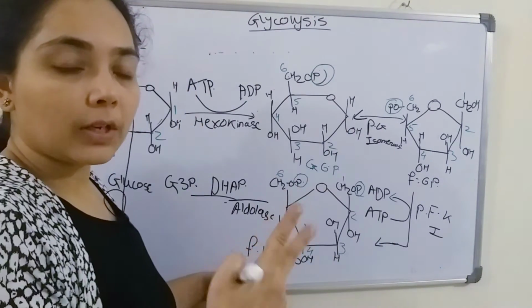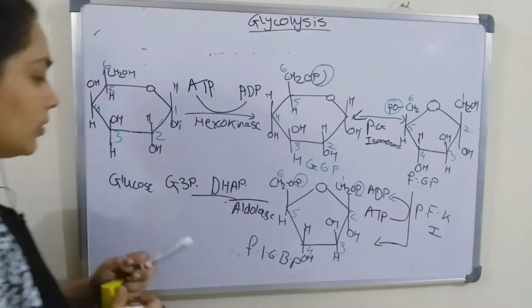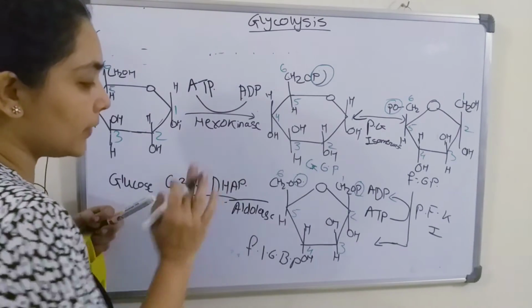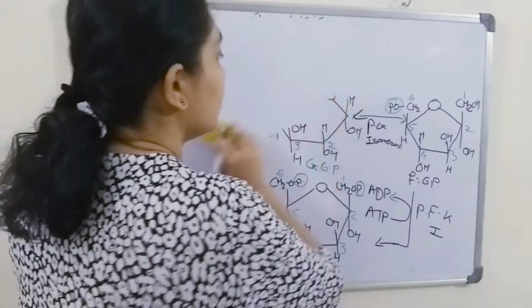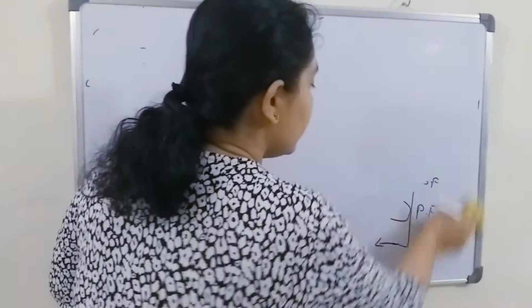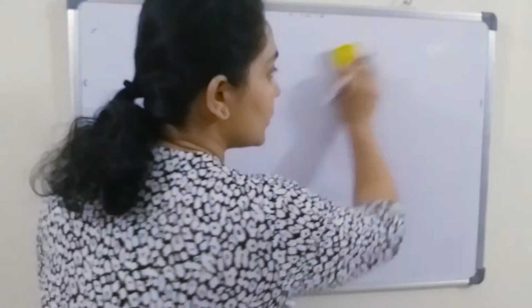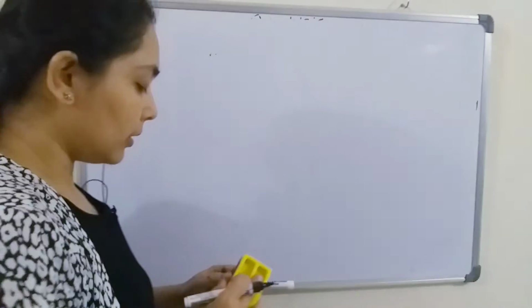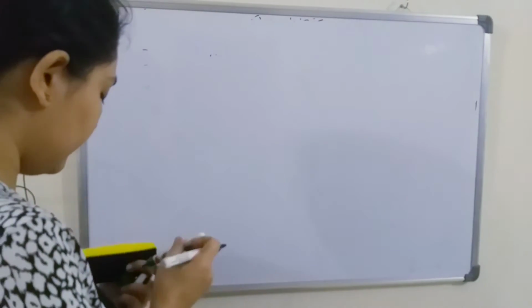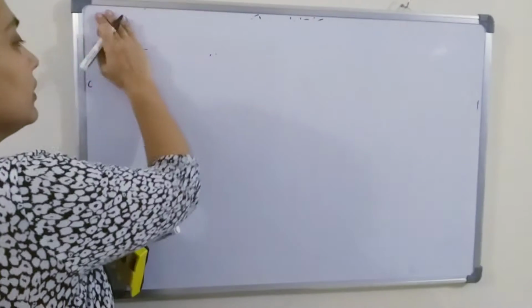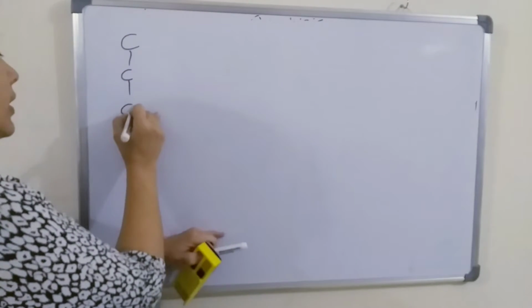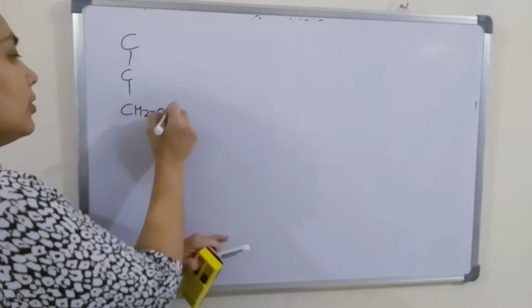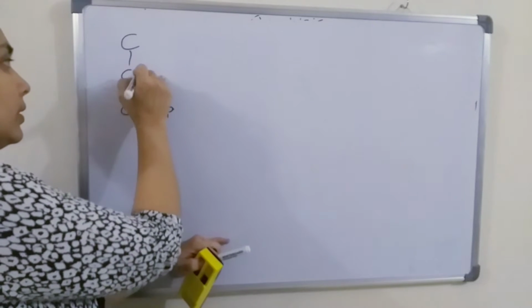Now the second step will come, that is splitting. So let us see the structure of glyceraldehyde 3-phosphate and dihydroxyacetone phosphate. Glyceraldehyde 3-phosphate and dihydroxyacetone phosphate both are 3 carbon compounds.